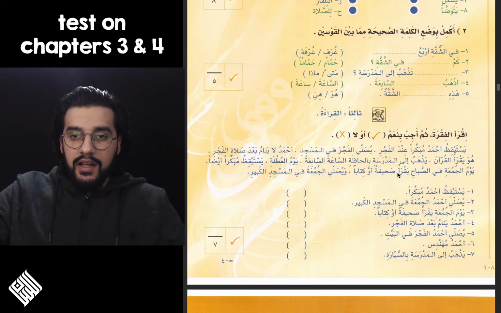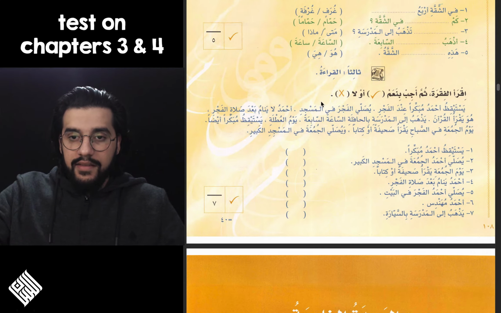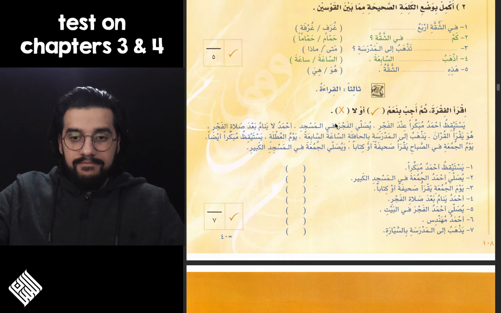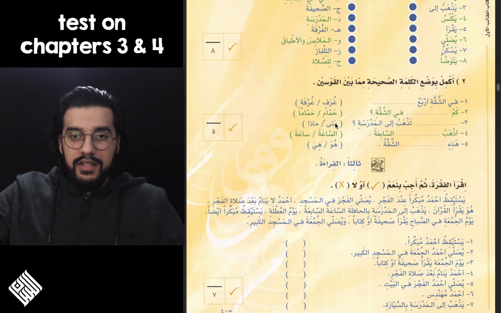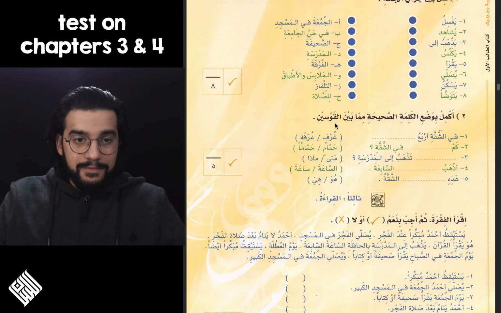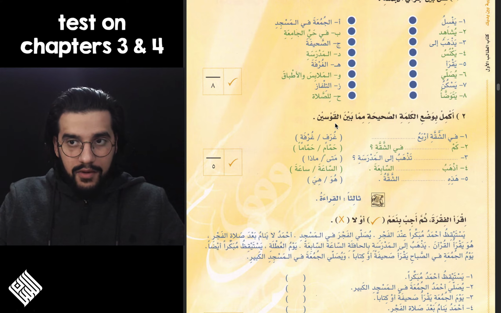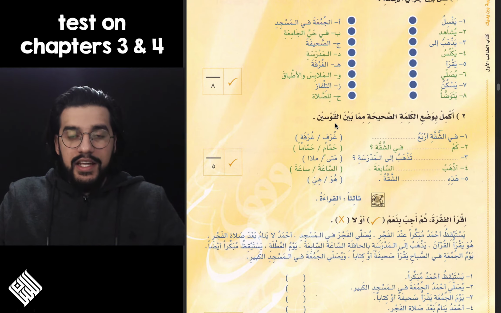And then lastly, you have a little paragraph to read, and you answer these tick or cross to test your comprehension. So that's it. That's the exam. Very simple. Now I'm going to give you a few minutes to do the test. You can pause the video now and do the test, and inshallah we will get to the answers right away.